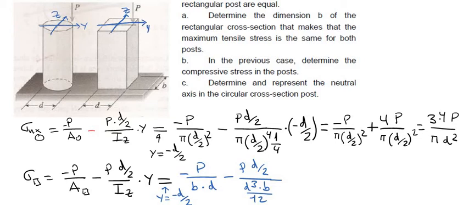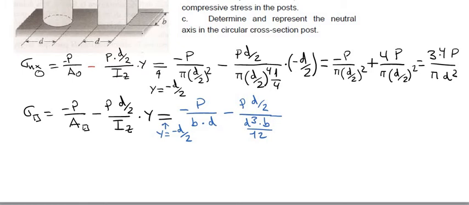So we can write this moment of inertia about z and multiply it by minus D divided by 2. So the result is minus P divided by b D, minus plus D divided by 2, D divided by 2, that is for 3, plus 3P divided by b D.